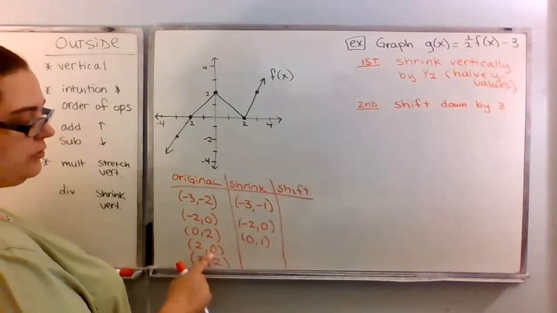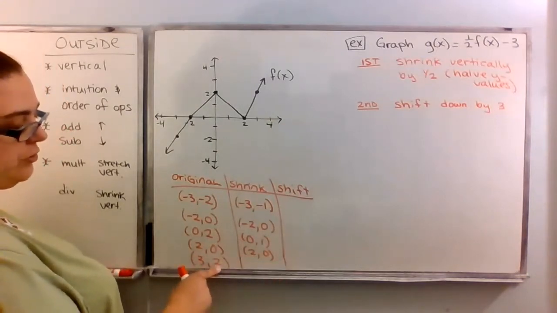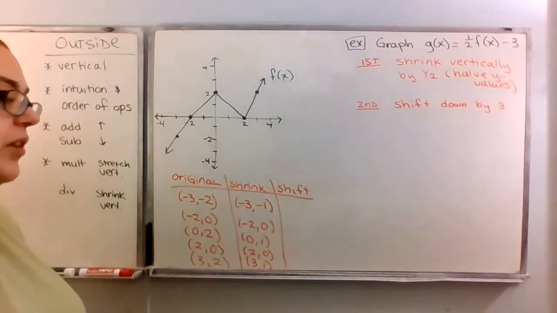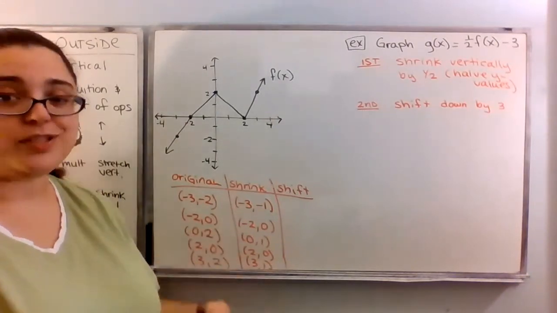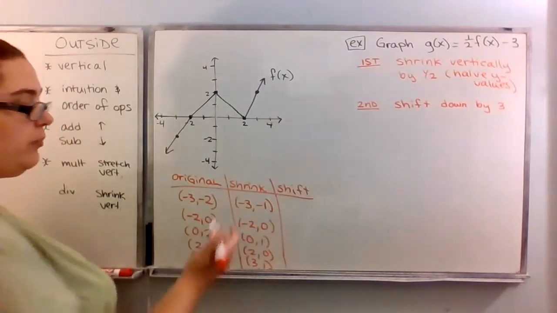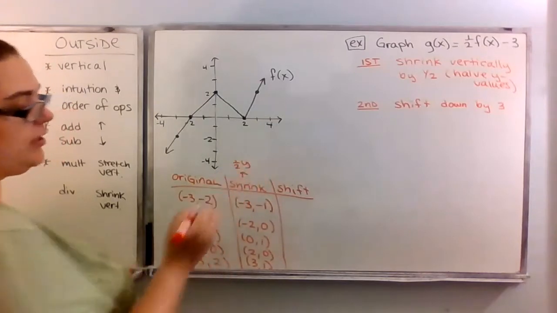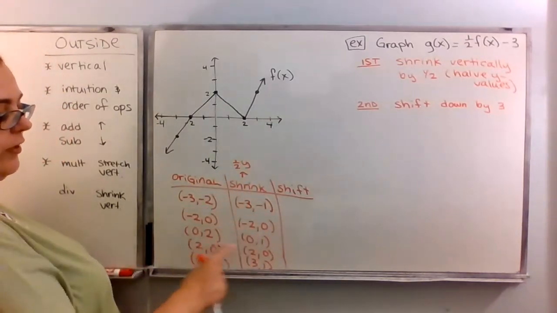Half of 0 is 0 again. And half of 2 is 1. Notice again, because this is a vertical change, it's only going to impact the y values. The x values have no impact. So here we're doing half of y. Okay, so we took half of -2, half of 0, and so on.